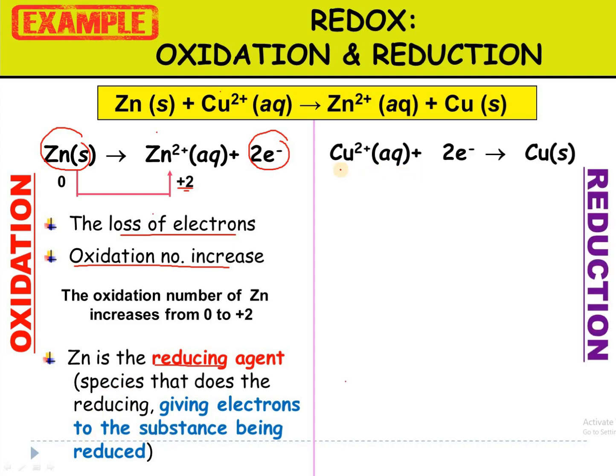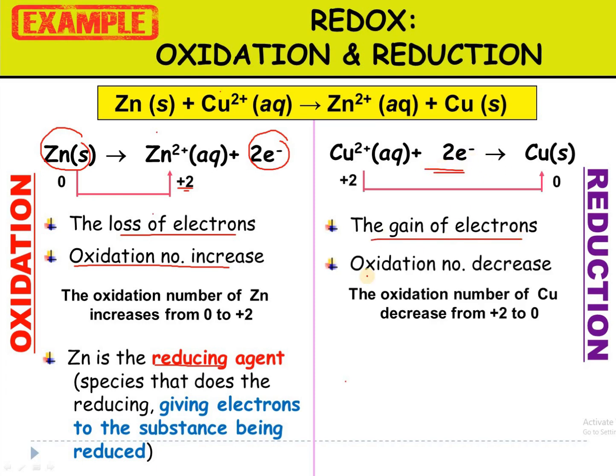At the reduction side, students can see the half reaction for the copper. From the half reaction, copper 2+ ion aqueous plus 2 electrons becomes copper solid. So in the reduction process, there is gain of electrons.